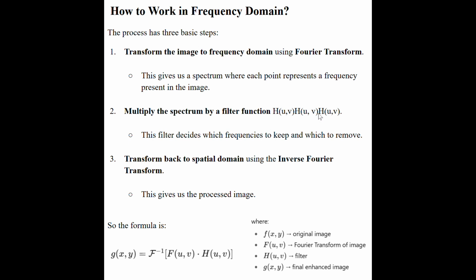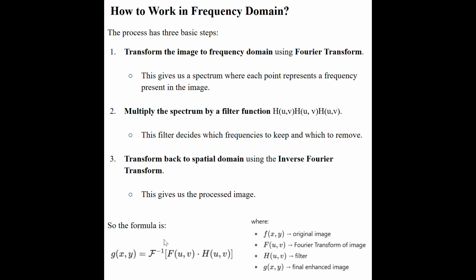Just ignore the 3 times; it's simple H(u,v). This filter function decides which frequencies we want to keep and which we want to discard. That is decided by the filter that you choose. Then apply the inverse Fourier transform, so that you transform back to the spatial domain. This will give you the processed image.